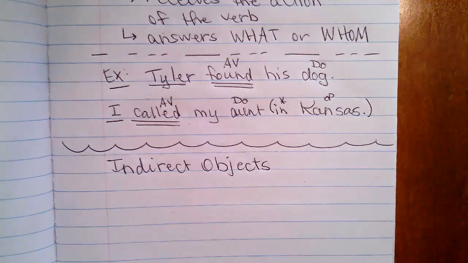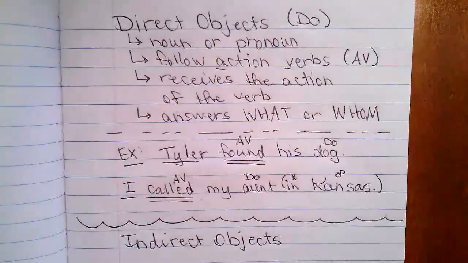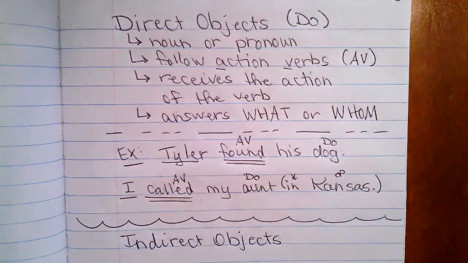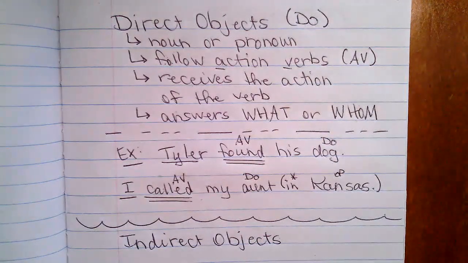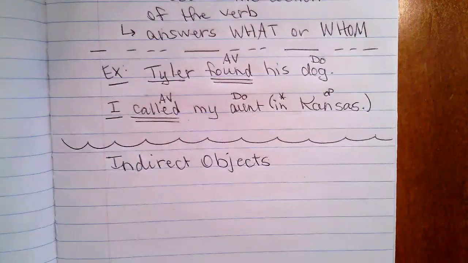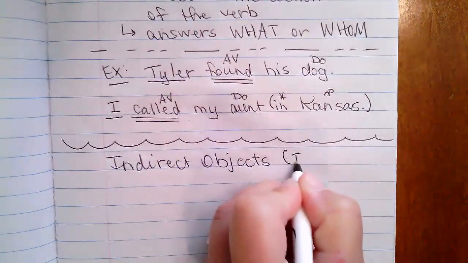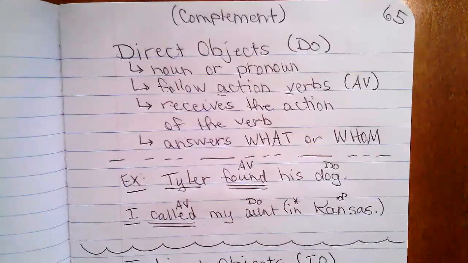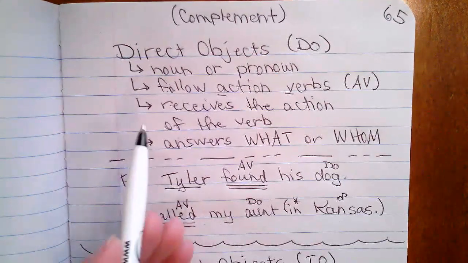So think about this. If our abbreviation for a direct object was DO, then it makes sense that an indirect object's abbreviation is going to be IO for indirect object. Now here's what's neat. You've been doing great choosing direct objects.